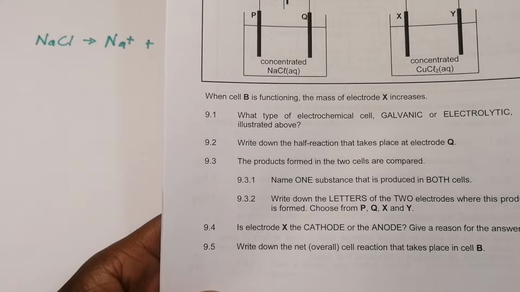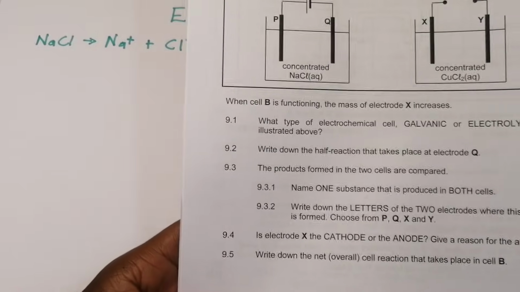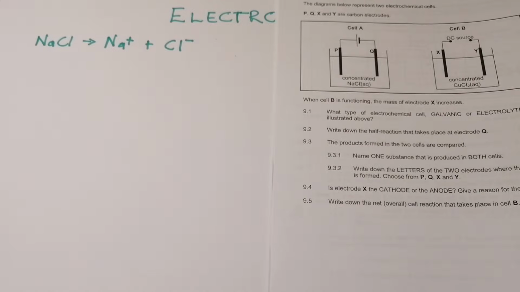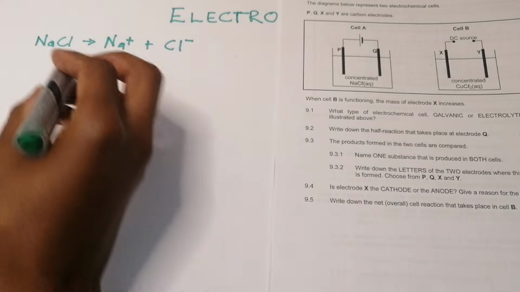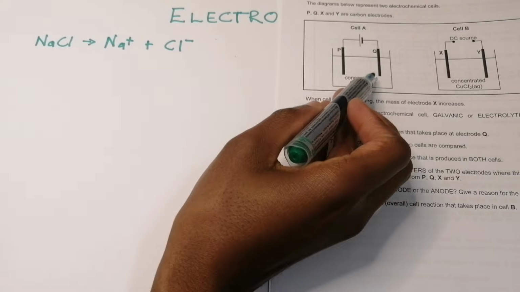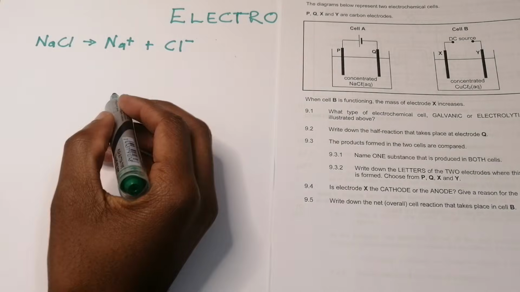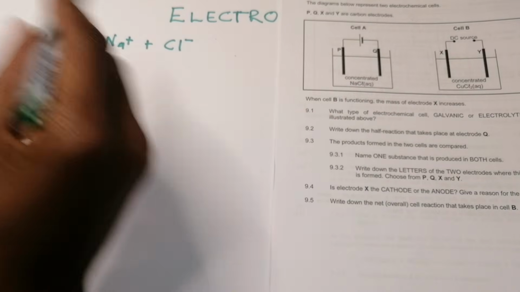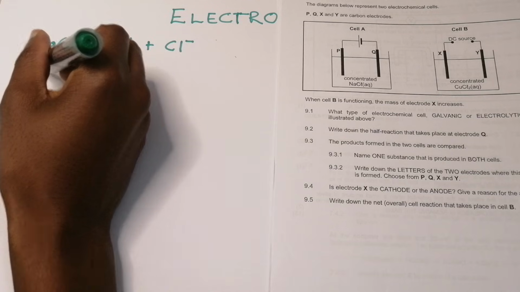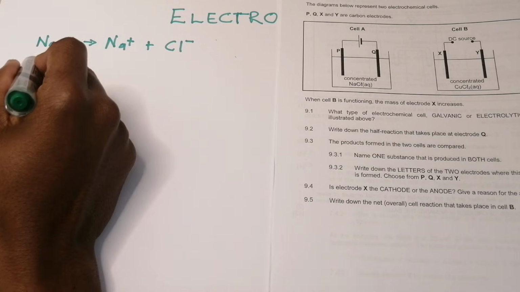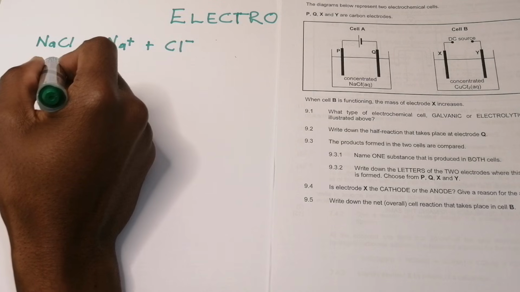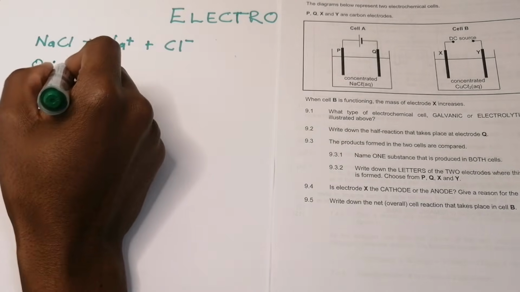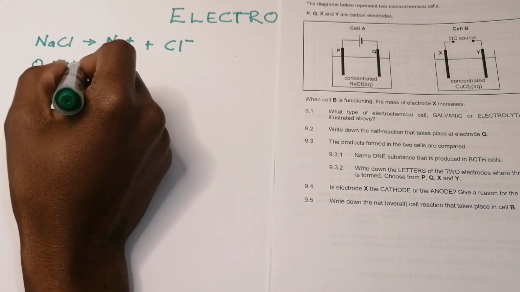Now secondly, they say write down the half reaction that takes place at electrode Q. Let's look at it. Electrode Q, remember we said, is negatively charged, so it would tend to attract those sodium ions. So at electrode Q, the sodium ions are attracted there.